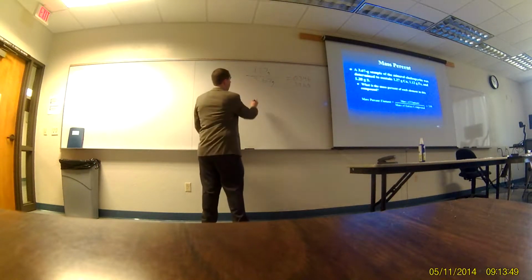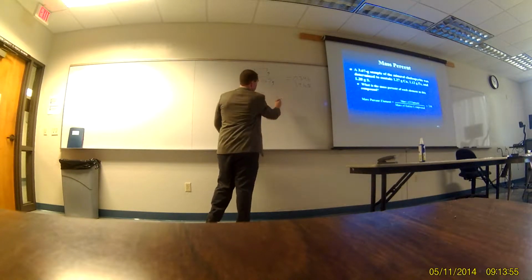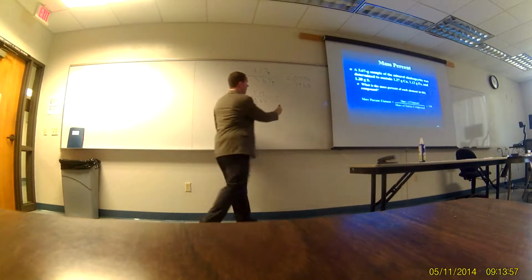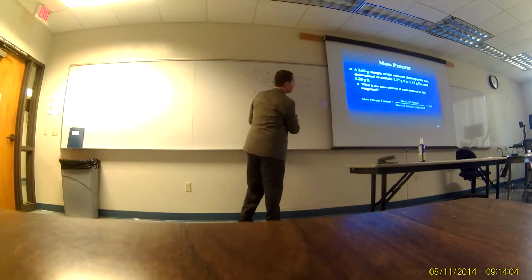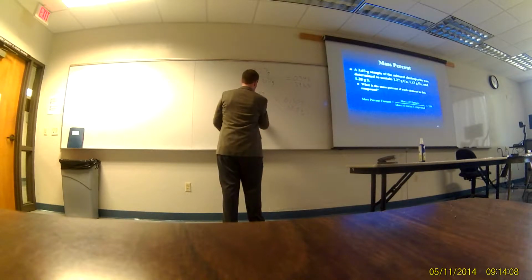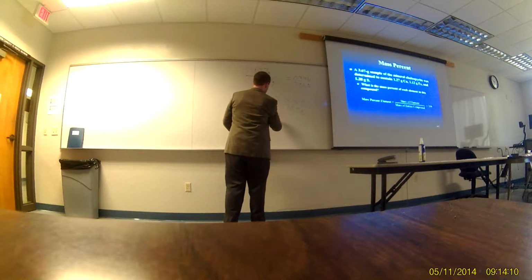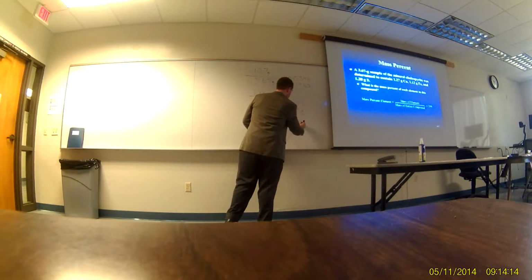Now we have to do the same thing for iron. So we get 1.12 divided by 3.67, which is 0.305, or 30.5%. And then finally we do sulfur, 1.28 divided by 3.67 equals 0.349 if you round it up.